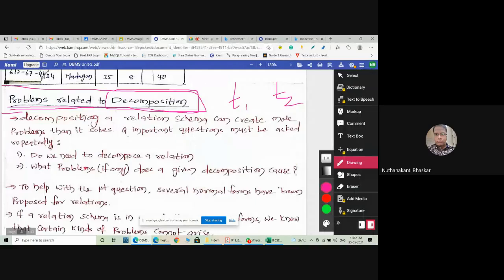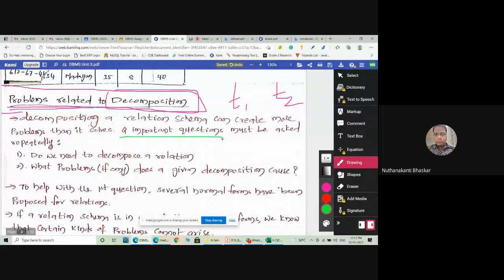Now, when I want to decompose a table, before decomposition we need to check two important points. I told you two important questions you can ask yourself when you are going to decompose a table. If you get the solution, go for the decomposition.